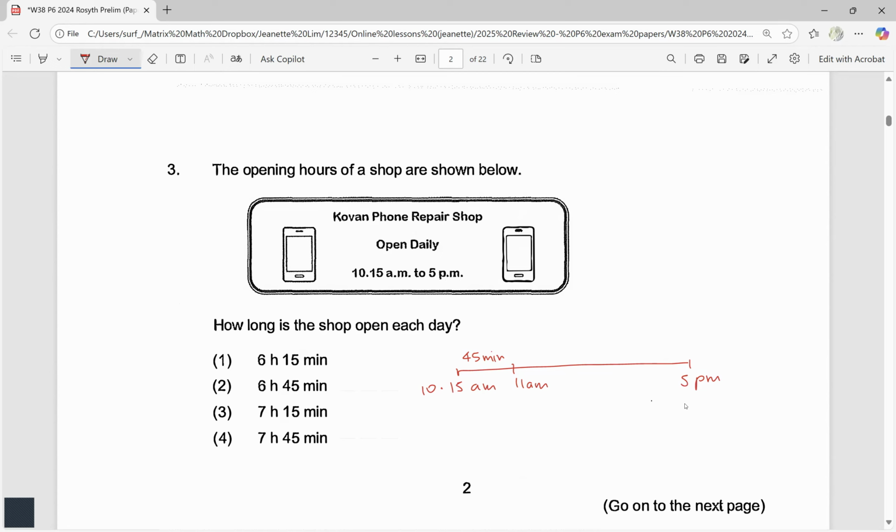Then from 11 a.m. you start count until 5 p.m. That will be 6 hours. Because 11 to 12 is 1 hour. 12 to 5 is another 5 hours. So total 6 hours. We have 6 hour 45 minutes, option 2.